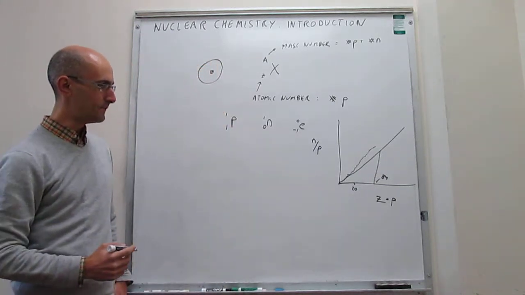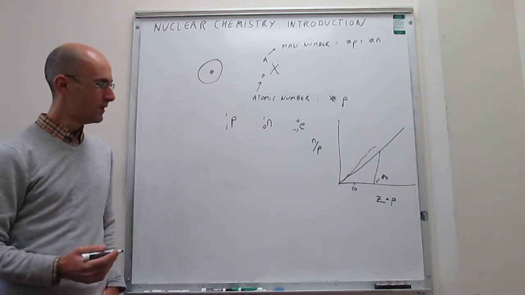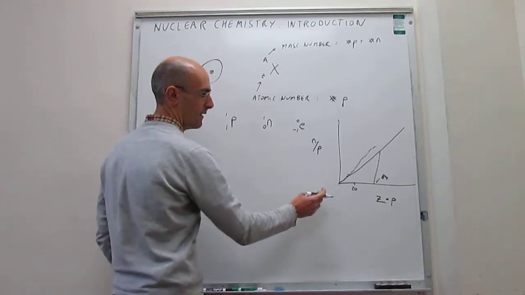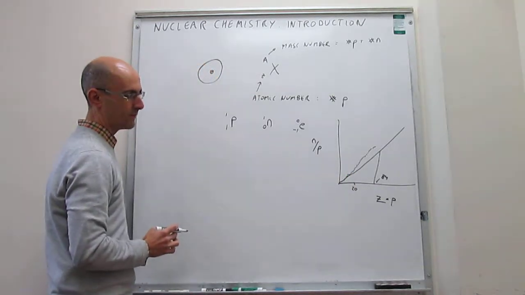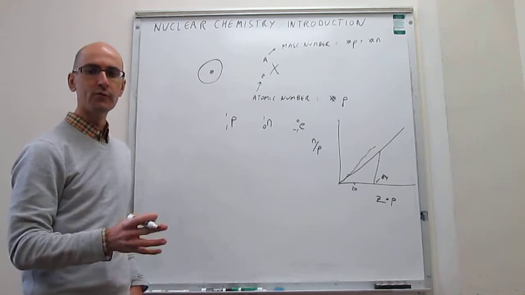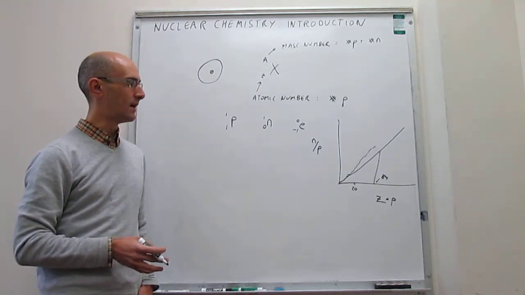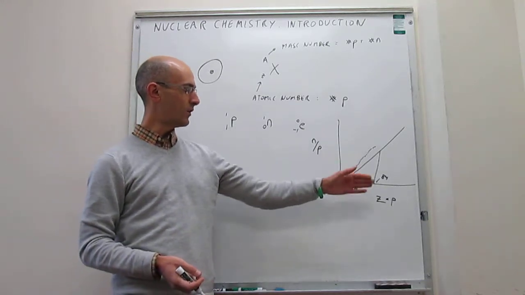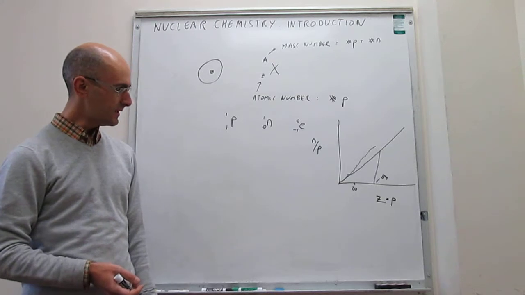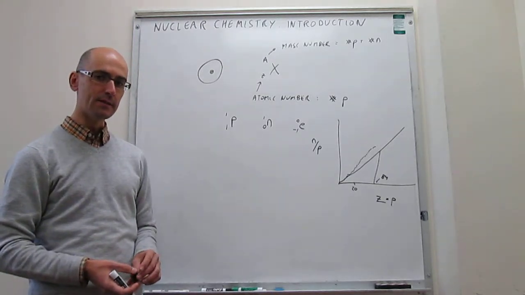When we take a look at what controls the stability, we can say that for low atomic number nuclei, a 1-to-1 ratio of protons to neutrons seems to confer some stability. Then when you go to higher atomic numbers, it is an excess of neutrons over protons that provides stability.